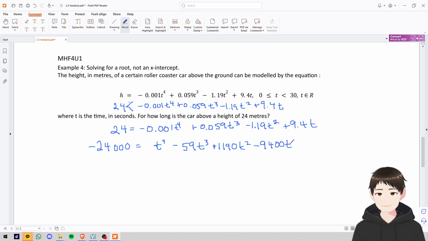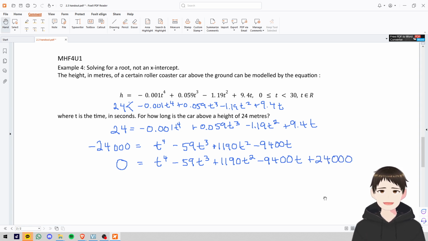And if you want to find the solutions or the roots of this equation, you need to set one side of the equal sign to 0. So the equation that I'm actually working with is all of this plus 24,000 on the other side.